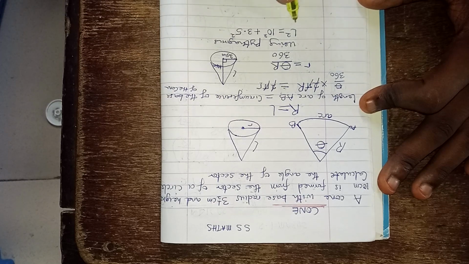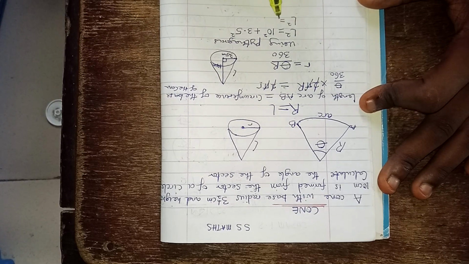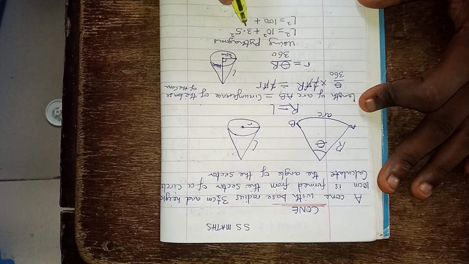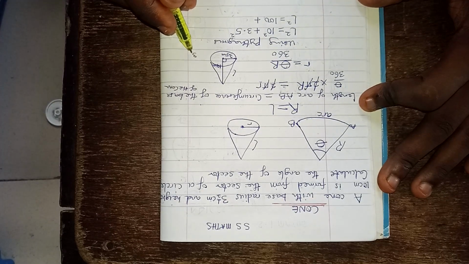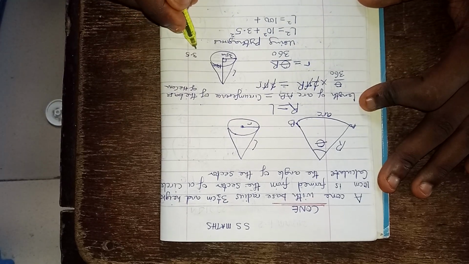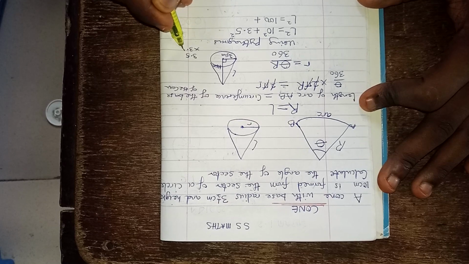Of course, my L square will now give me 100 plus 3.5 square. Of course, you have to multiply that 3.5 two times. You have 3.5 times 3.5.